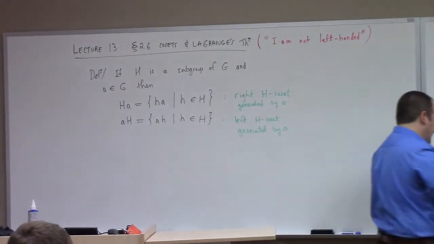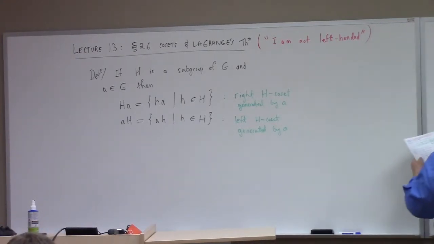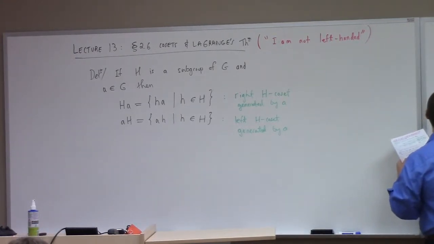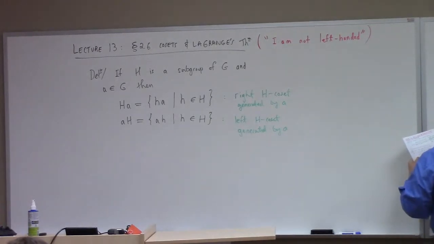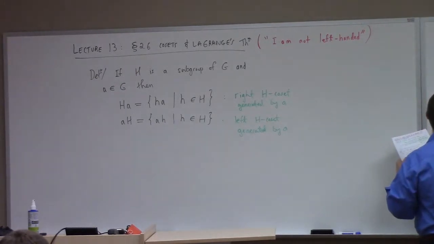So let's look at some examples. Example 1. If I have G equal to the cyclic group of order 6, say generated by a, I can take the subgroup H generated by a cubed.